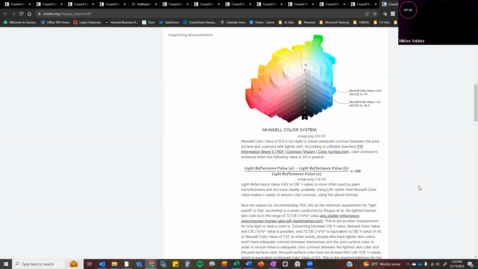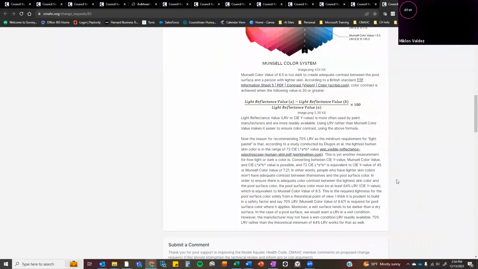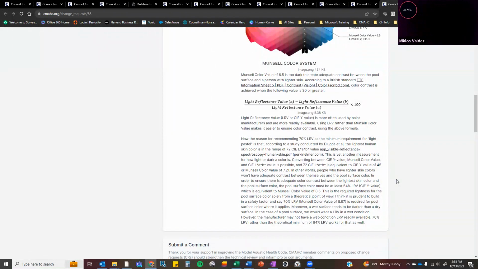My concern is that it dramatically increases the... If you were looking at the Munsell scale, it would dramatically increase the number allowed, and then if we're looking at the light reflective value, it basically doubles the value that they would need to hit, and so it's going to really limit the number of color options, which, I don't know, is a big deal, but it just seems to me like a big change.